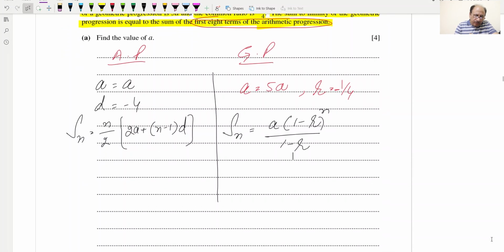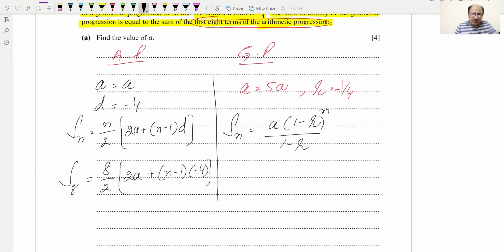So we can replace the values. S8 will be equal to 8 by 2, and inside will be 2a as it is plus n minus 1 into d, where d is minus 4.